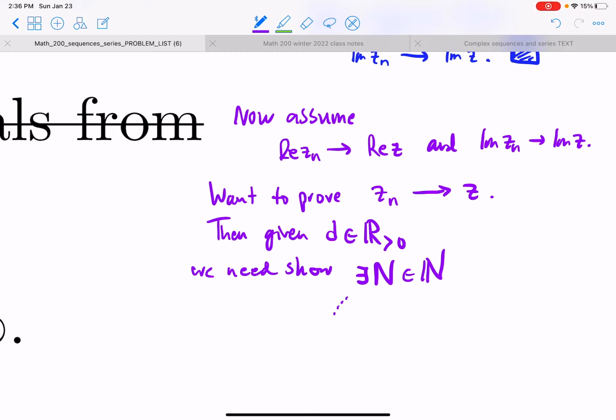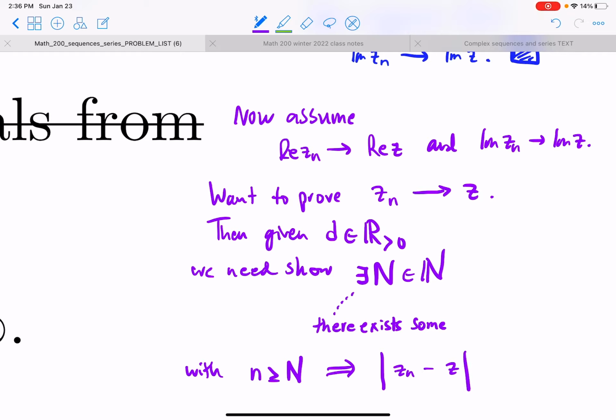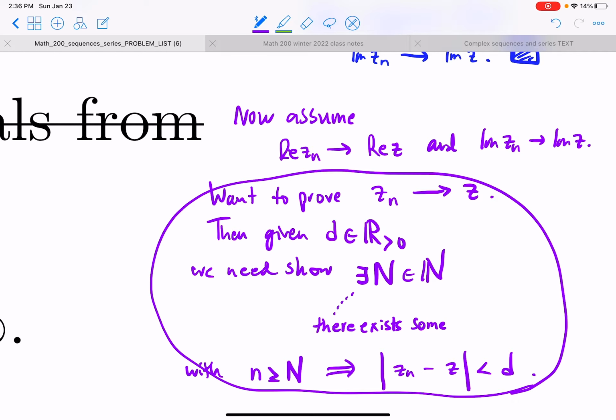Remember, this symbol here means there exists some capital N, such that going past that capital N point implies that the Zn's and the Z are very close to each other. Okay? That's just me knowing the definition of what I'm trying to prove.